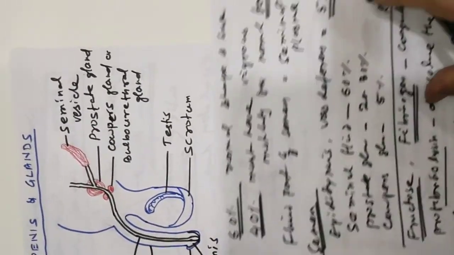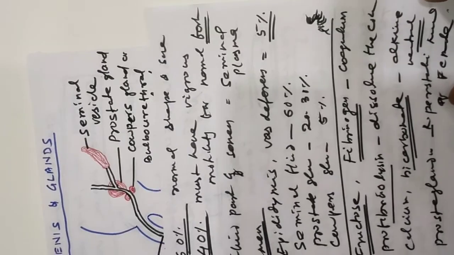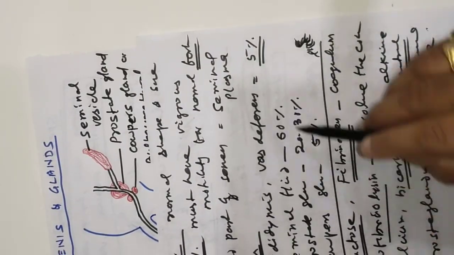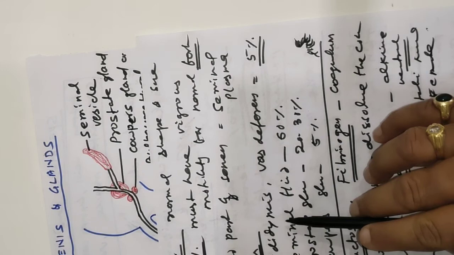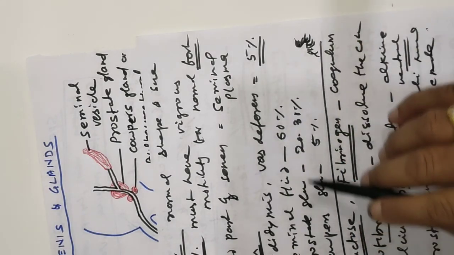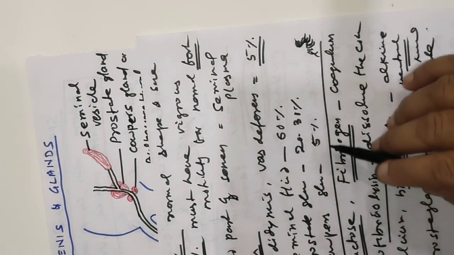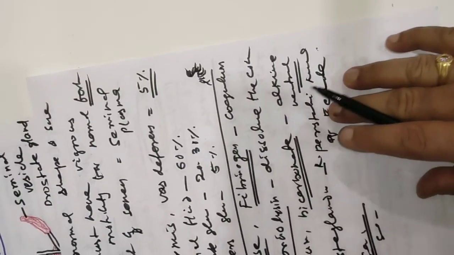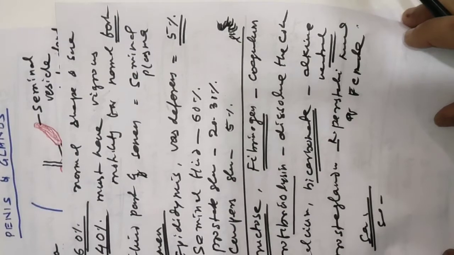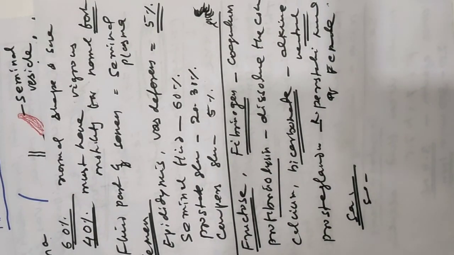When the semen is discharged out, it contains sperms along with the secretions: epididymis and vas deferens 5%, seminal fluid 60%, prostate gland 20 to 30%, and Cowper's gland 5%. In the next video, we will discuss different disorders associated with the male reproductive system.